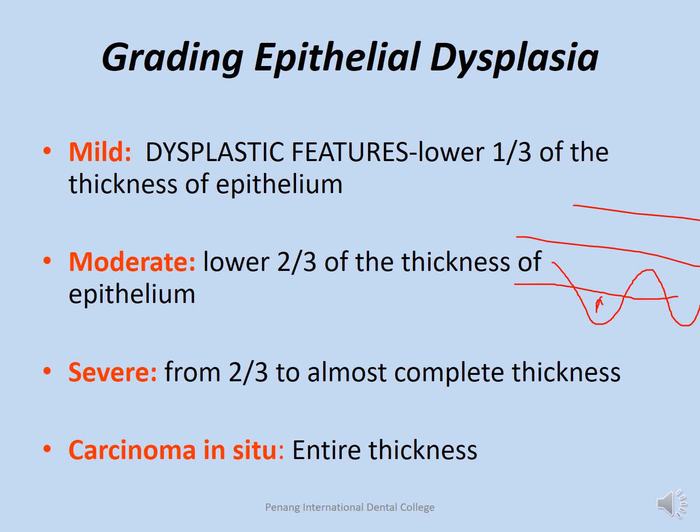If you are seeing dysplastic features only in the lower one third, then this is mild. But if you are seeing them in the lower one third and the middle one third, then you call it moderate epithelial dysplasia.